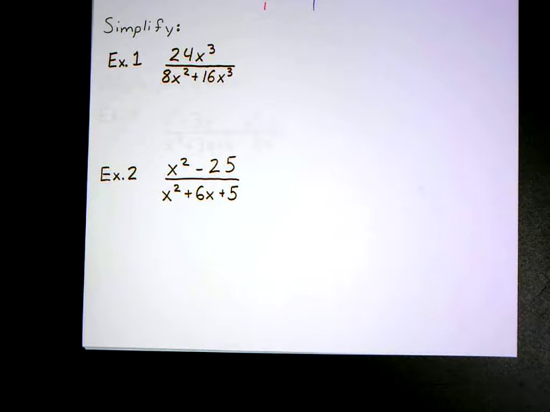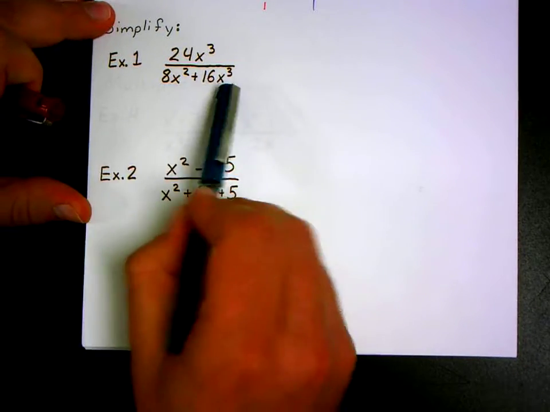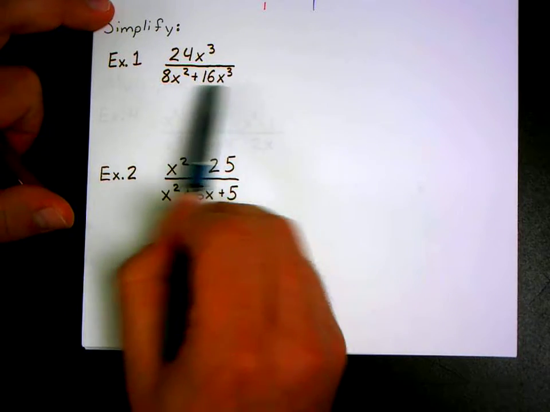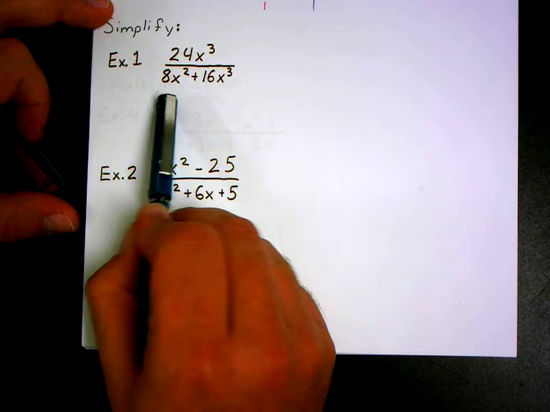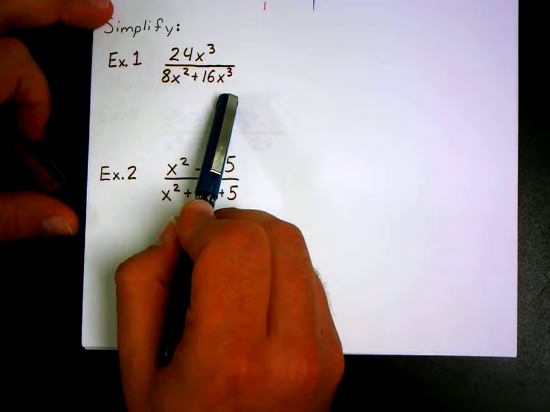Some of these might be more of a review than others are. Okay, so for this one, this bottom, before I can simplify, I have to factor. All I can do with this is pull out greatest common factor.